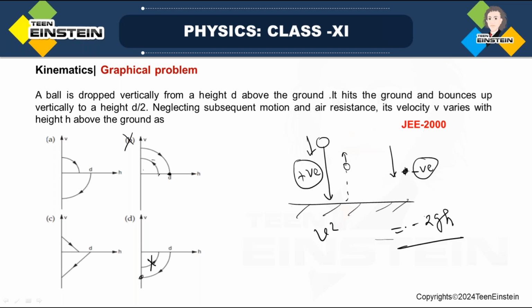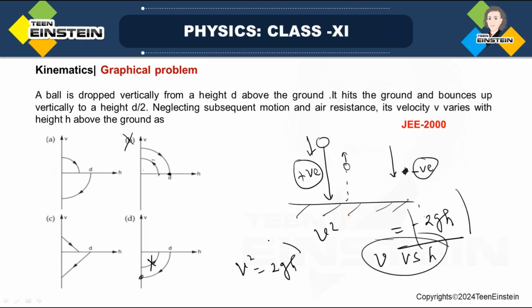If I take the mod of this also, then in the v versus h curve, it will not be linear, because they have the relationship v square equal to 2gh. If I plot v and h, this will be a non-linear curve, not linear. But these are linear curves, so this is not possible.